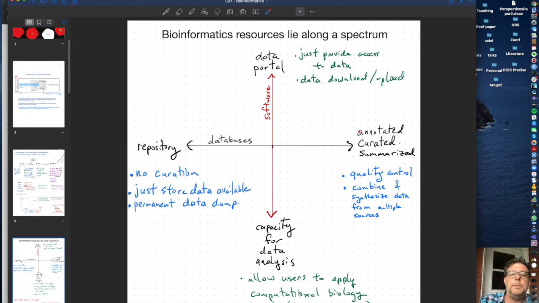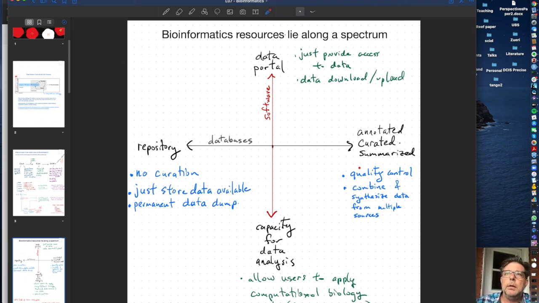Now, on the other end of the spectrum, we have annotated or curated databases. Usually these databases are built on top of the repositories, and they're built by liaising with experts in the field.